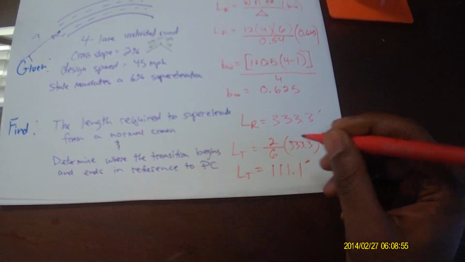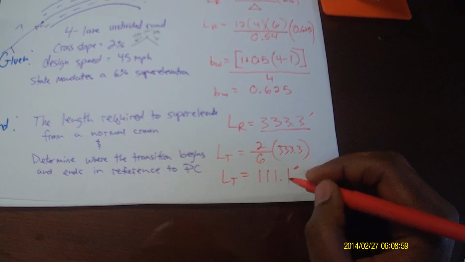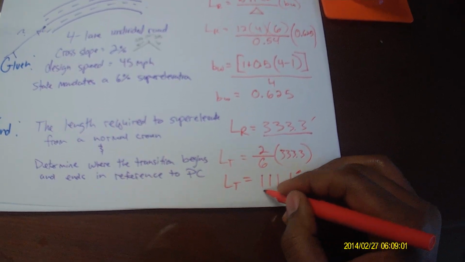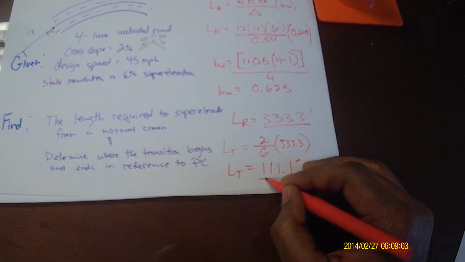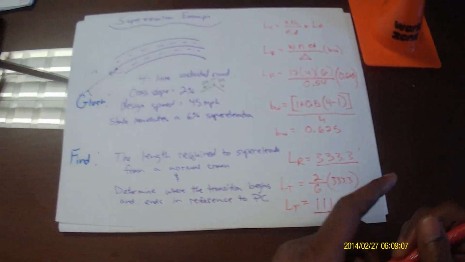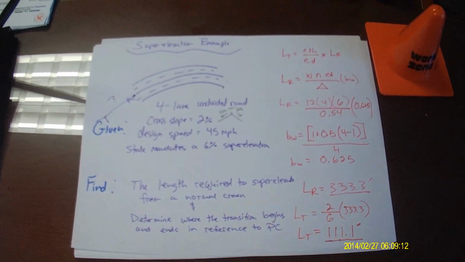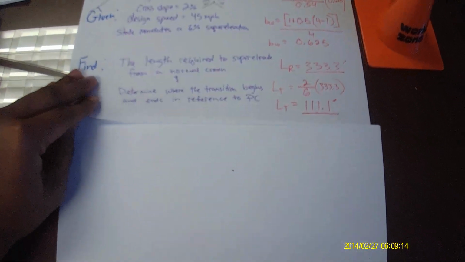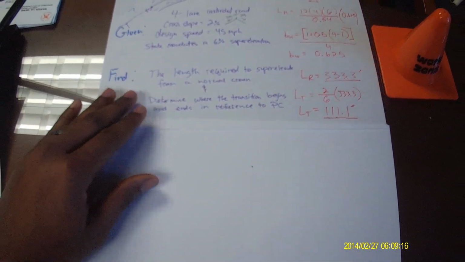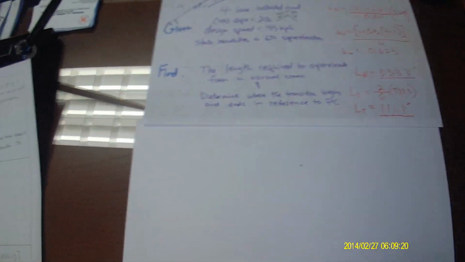So my length of runoff is 333.3, and my length of tangent runout is 111.1. Well, that's real significant. That's good information, because I can use this information now to determine the rest of what the problem asks.